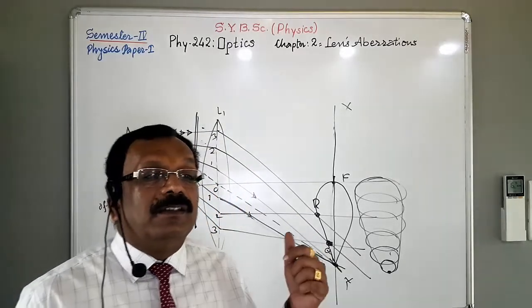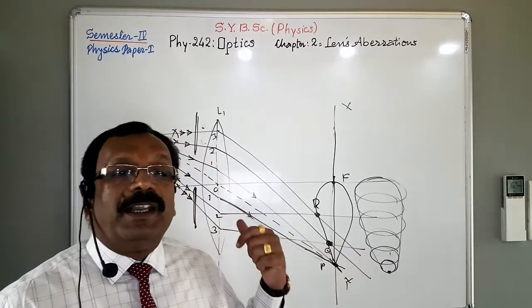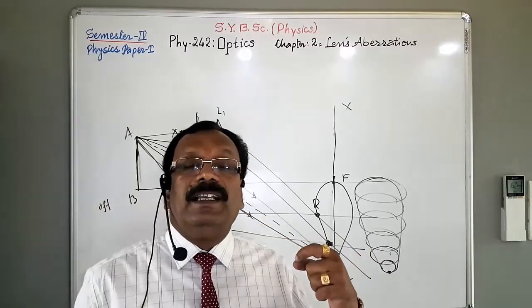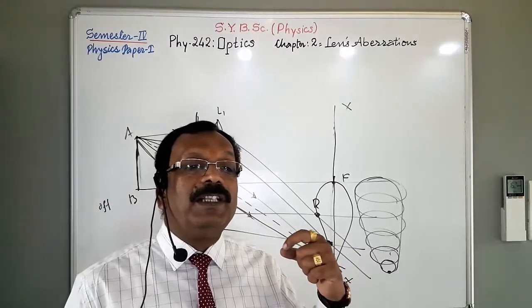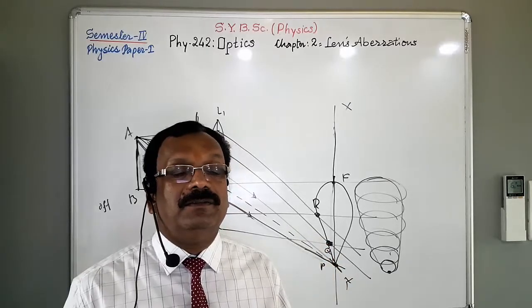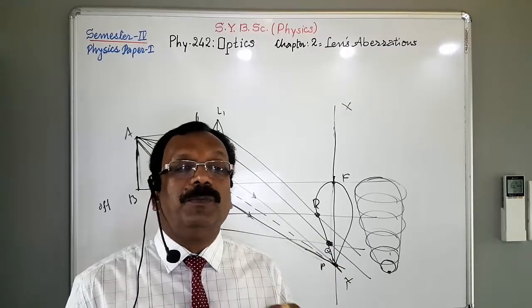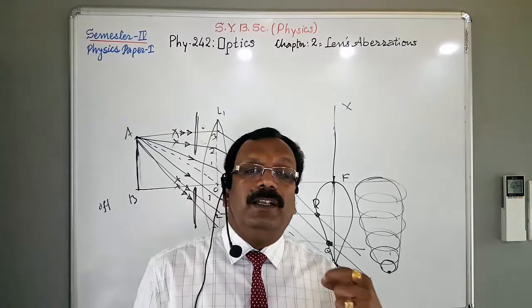Second, like spherical aberration, the aberration produced by a single lens can be reduced by suitable choice of radius of curvature of the lens surfaces.